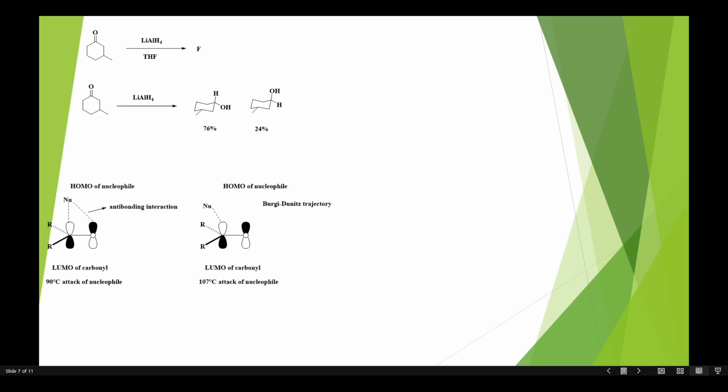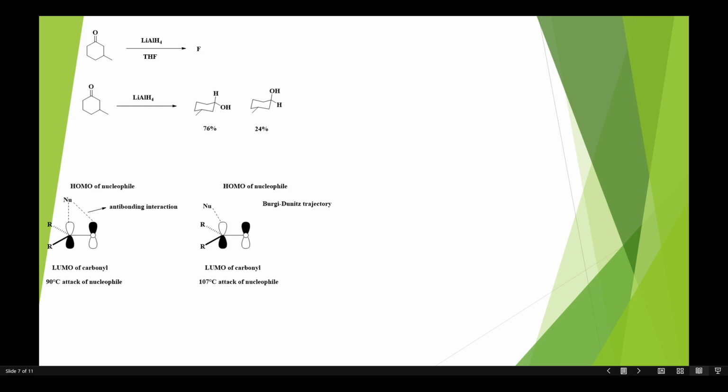You see that if you have a carbonyl group and also a halogen group in the alpha position, then when a nucleophile comes, it will attack either the carbonyl group or the carbon-halogen carbon.